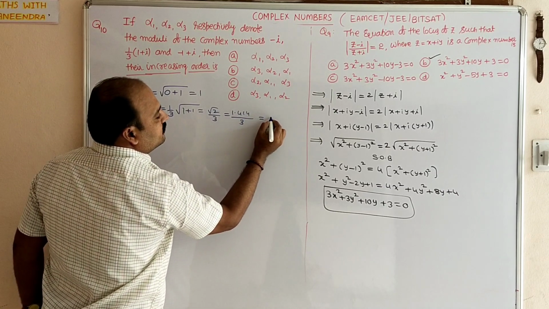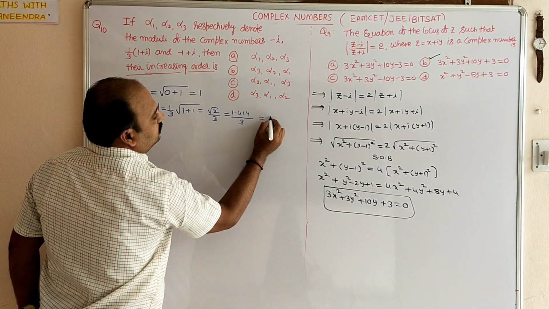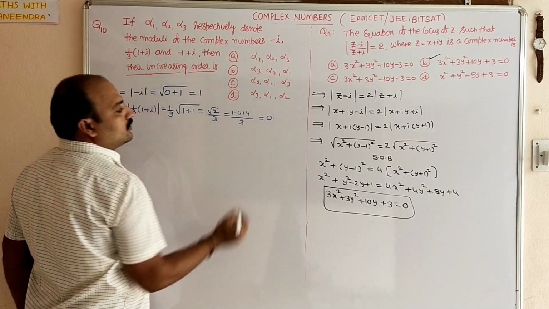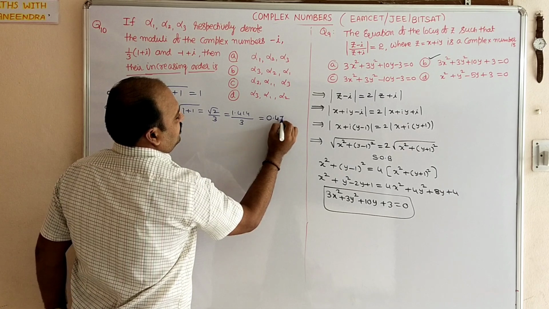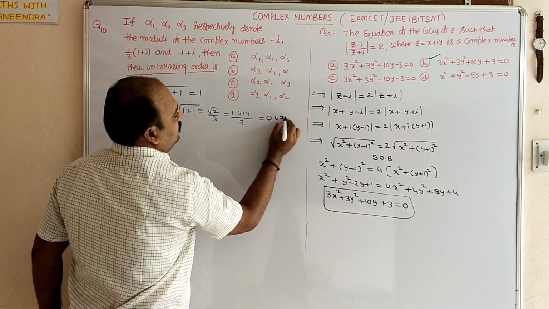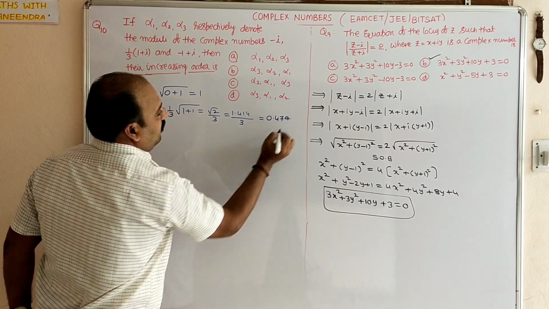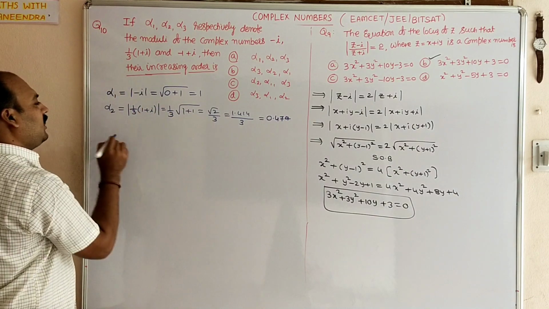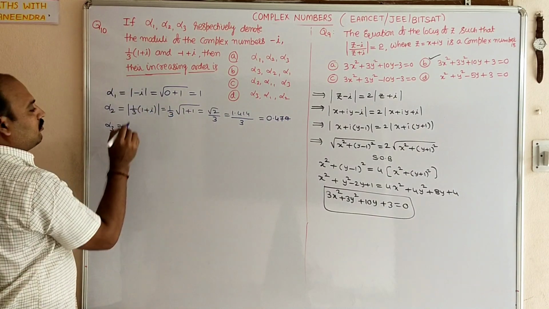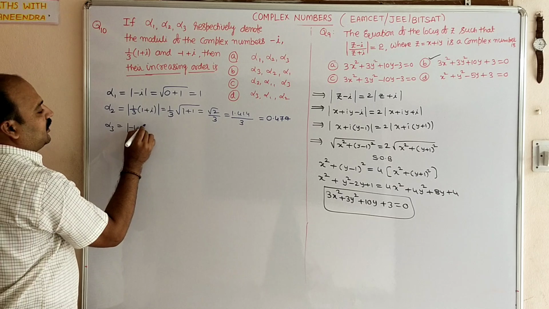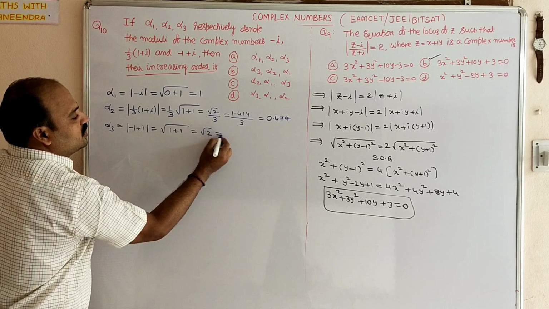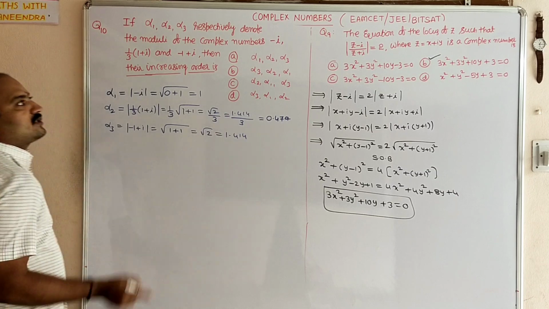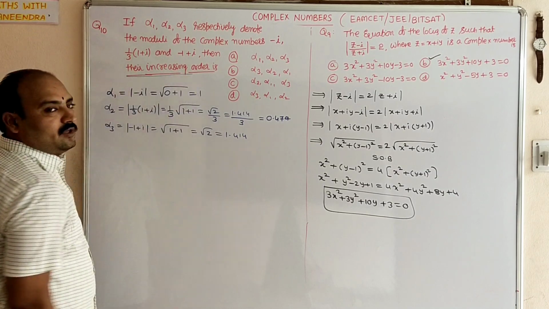So it will become approximately 0.474. Next, α3 is the modulus of -1 + i, so the square root of 1² + 1² is root 2, which is 1.414. They are asking to write in increasing order.